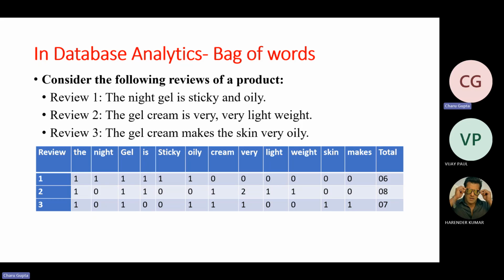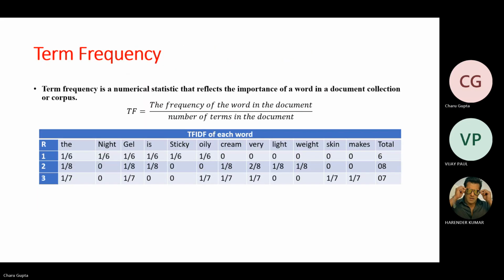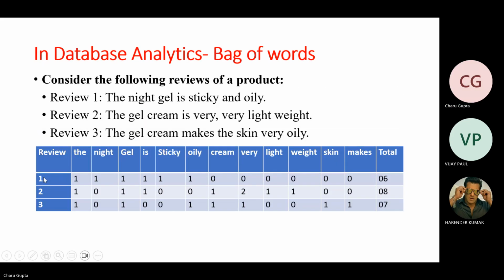For example, the word sticky is coming once in a review, so I will mark it as 1, and in the others I will mark it as 0. The second one is oily. Oily is coming up twice in the reviews, so it is marked here in the first, and 0 in the second one.